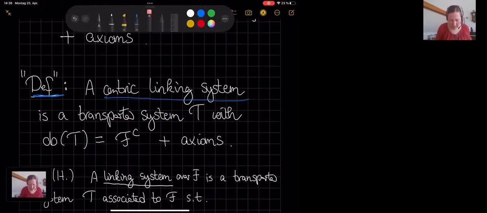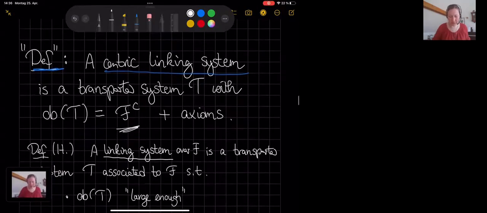So now a centric linking system is a transporter system T such that the objects of T are the F-centric subgroups, which I haven't defined, and then some axioms hold. These F-centric subgroups just generalize what I defined before for groups with set F S of G. So these are subgroups of S such that every F-conjugate contains its centralizer in S.